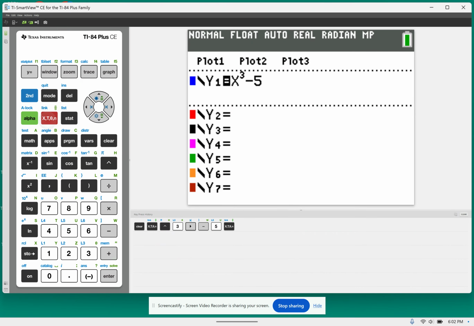And when I'm typing this in, just remember, it's always good to know how many total zeros I am looking for. So our degree is 3, so we should have 3 total zeros.